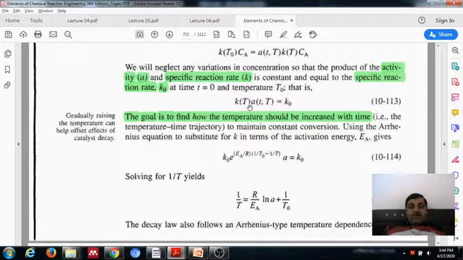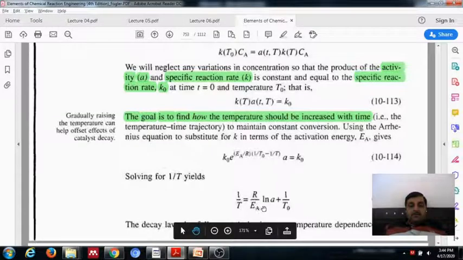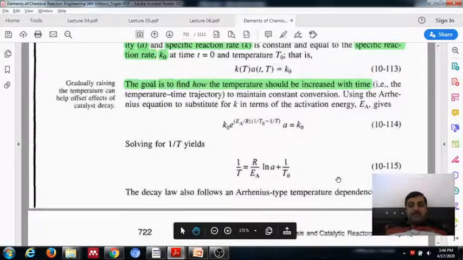Just that we are taking the base temperature as T0, we are getting this K of T equal to K0 from Arrhenius law. A we are writing as it is equal to K0. We are just trying to extract this 1 by T from here. K0 gets cut. This exponential gets transferred to A on the other side, and you will get 1 by T equal to R upon E ln of A plus 1 by T0.